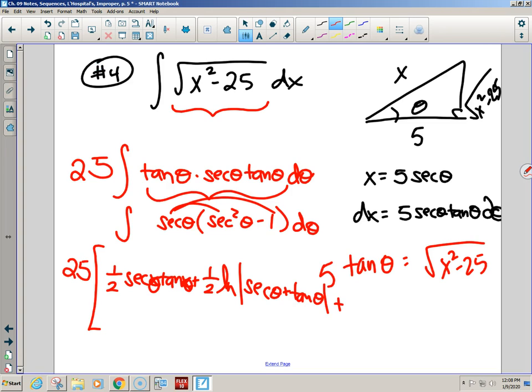I still have this minus secant guy who has his own integral. Minus, well, I just kept the 25 on the outside. But yeah, you're right. Minus ln of secant theta plus tangent theta plus c.